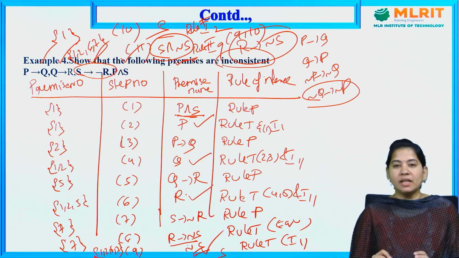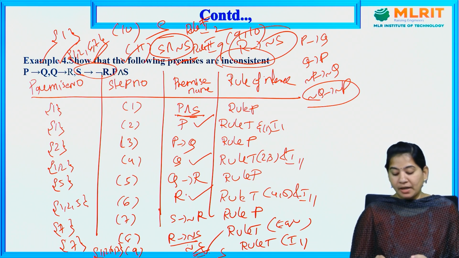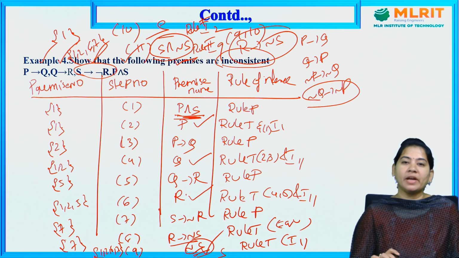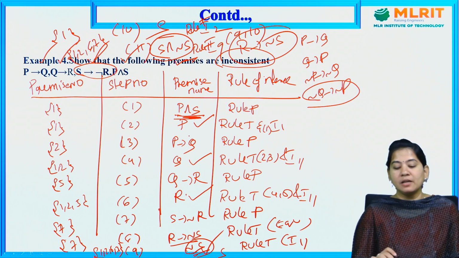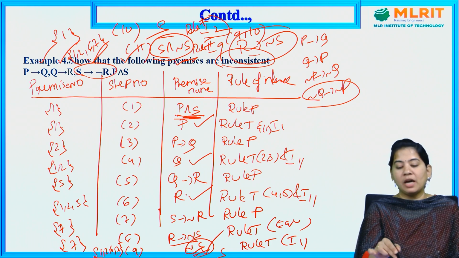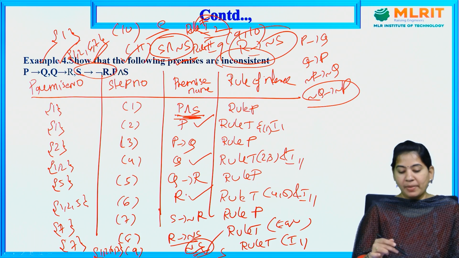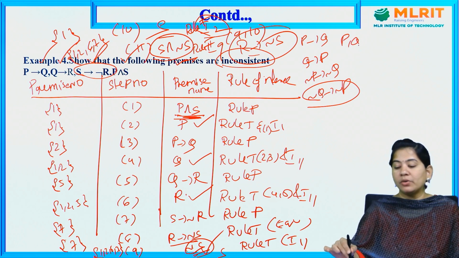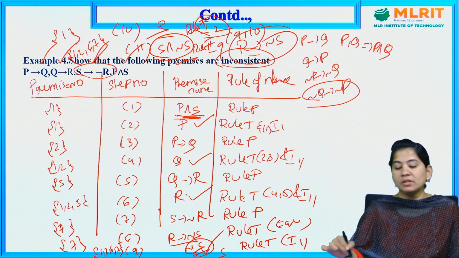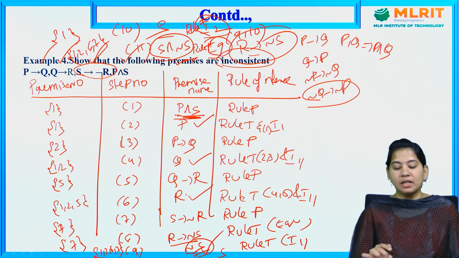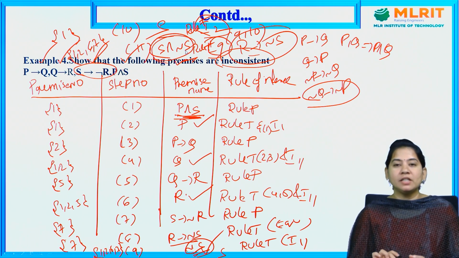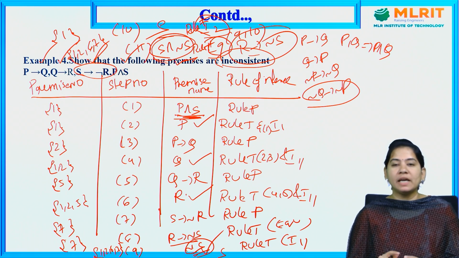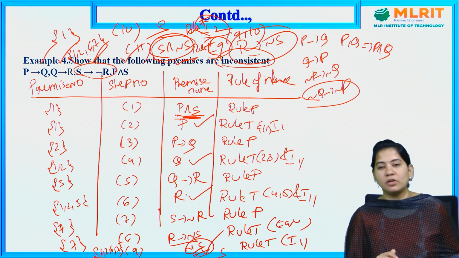So to get the S, from this first premise itself, I can write P and S as S by applying the implication formula I2. Now, if you combine these two by applying the I9 formula, which is nothing but P comma Q implies P and Q, I got S and negation S, which is our contradiction format. So like this, we need to solve indirect method of proof and inconsistency of premises.